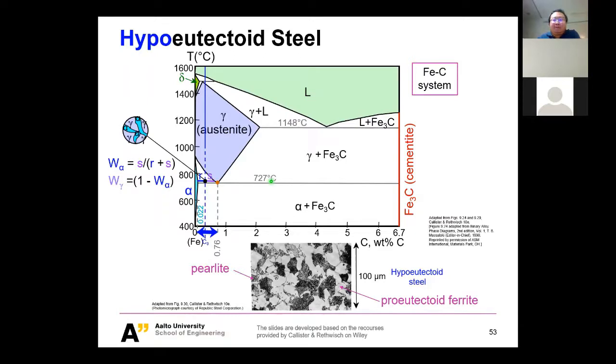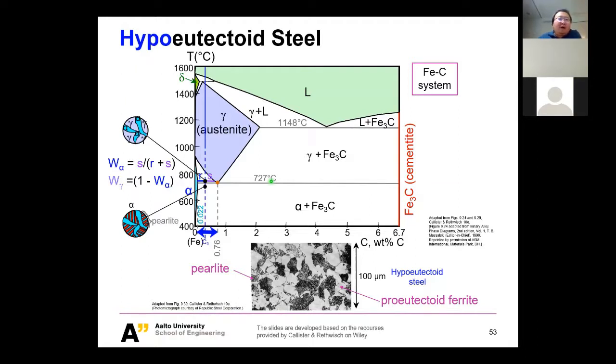That was easy. But if you just continuously cool down, of course, you will have your final microstructure, which is the pearlite plus pro-eutectoid ferrite. I would just call that ferrite. So it is the microstructure between ferrite and pearlite.